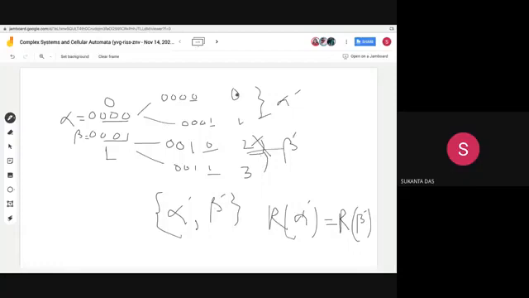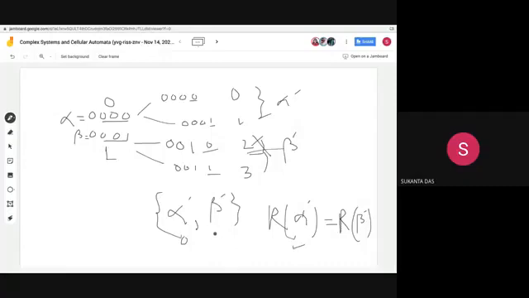So I can get a combination 0, 3. If alpha dash is 0 and beta dash is 3, sorry, it will not be 2, so here it is 0 and 3.